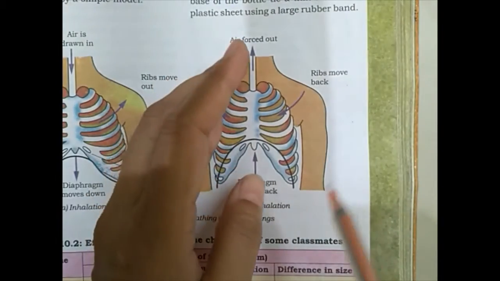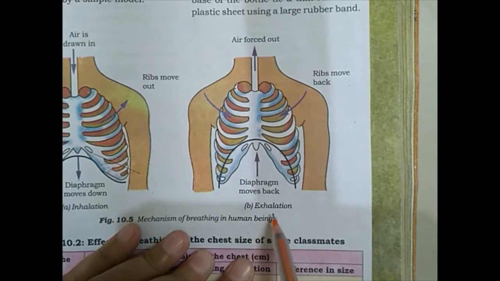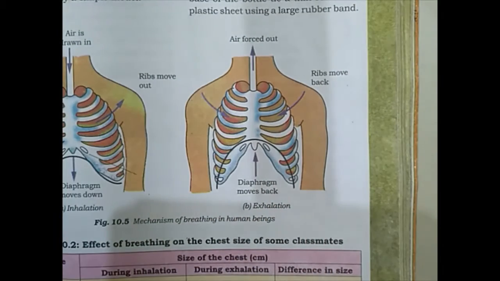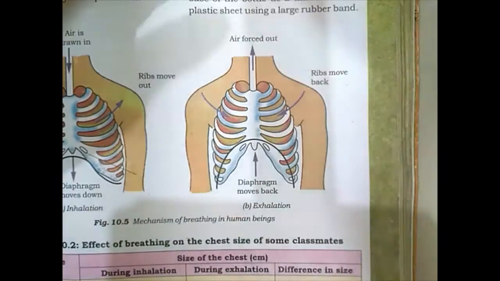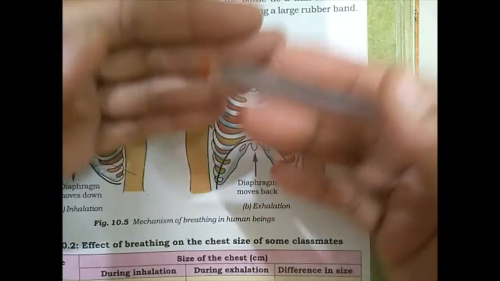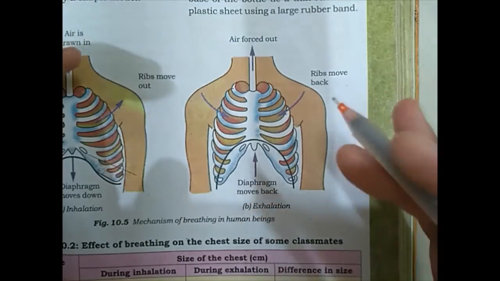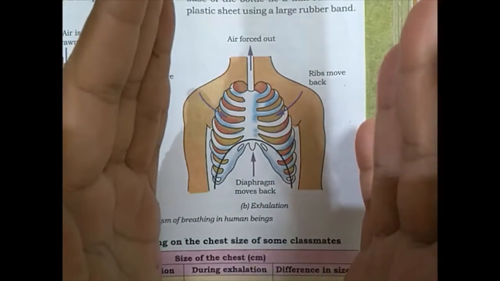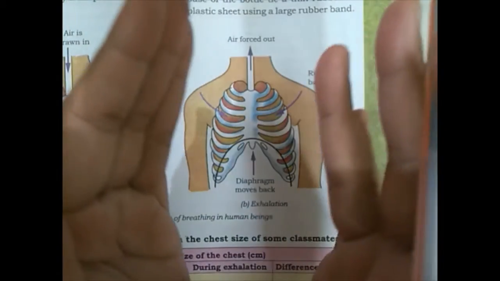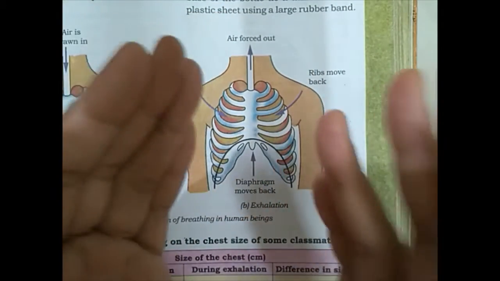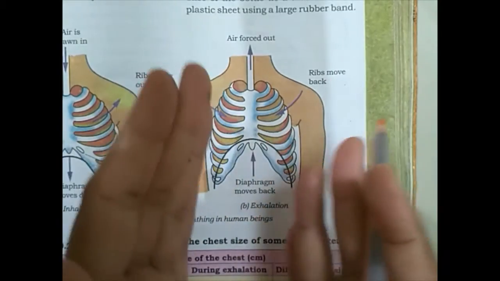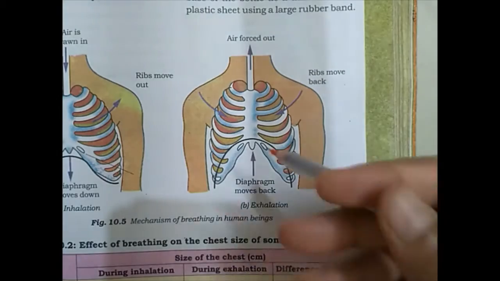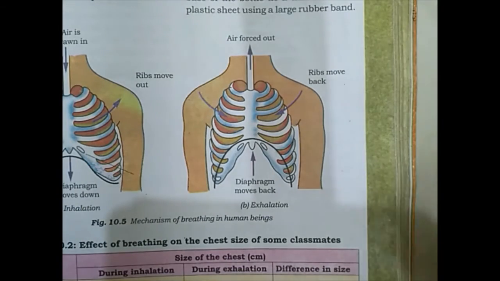In the case of exhalation, the process is totally reverse. We have to exhale the air that we stored inside the chest cavity or lungs. So we have to minimize the area and create more pressure inside the lungs, so that the air will be pushed outside.